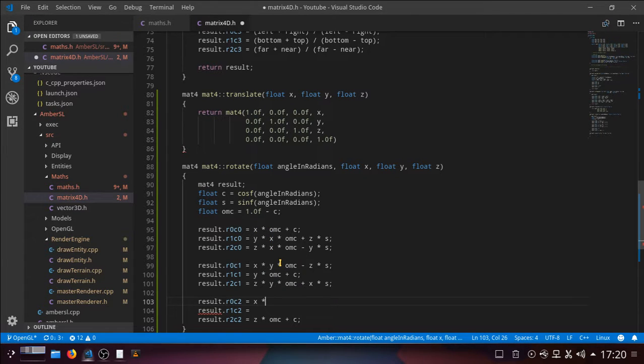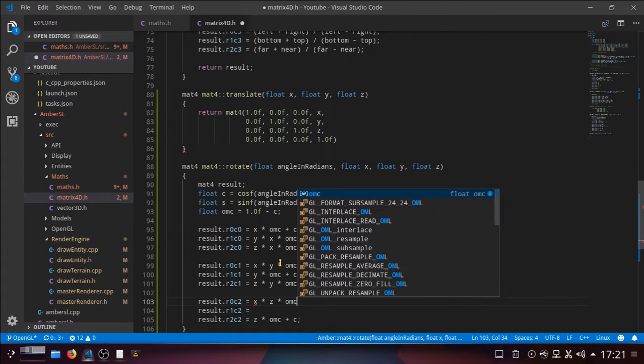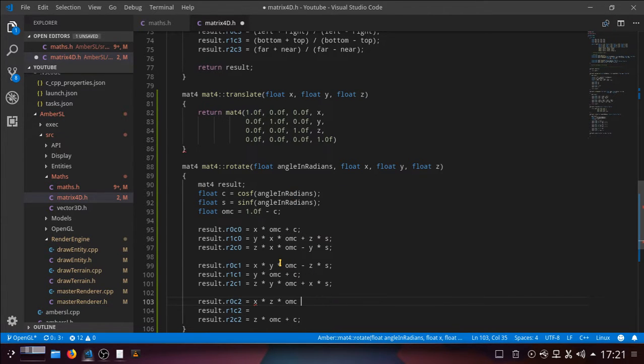Now this has to be different from all the other X's. So I've used Y, so this must be Z. And of course we have to times that by OMC, 1 minus the cosine. And then we have to add the one we haven't used, which is the Y. And that is just times the sine. That's always the same there.